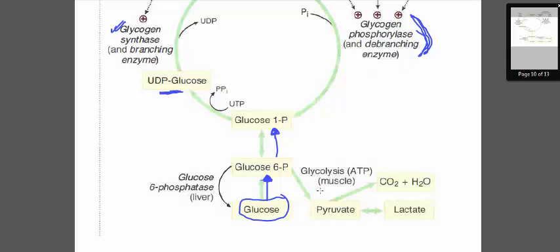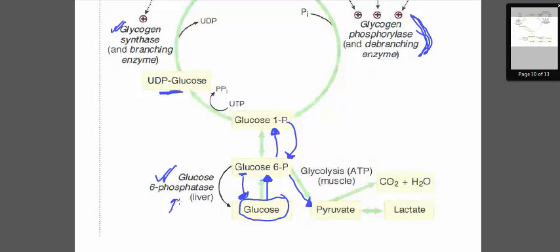And now this glucose 1-phosphate makes glucose 6-phosphate, and that glucose 6-phosphate can be used in glycolysis to make pyruvate. But in starvation, we need glucose in the blood. So this glucose 6-phosphate makes glucose, and this was the irreversible step of glycolysis, which has now been reversed by the enzyme glucose 6-phosphatase.